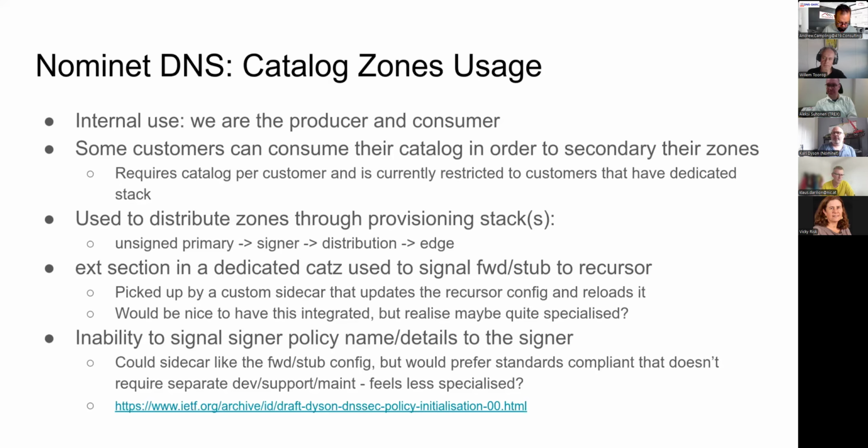I thought I saw Klaus raising his hand halfway through that as well. So in our case, for our secondary zones product, it doesn't really make a difference, because if we get the request to add a zone via the API, we provision it on the PowerDNS.